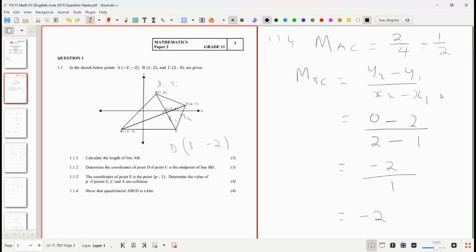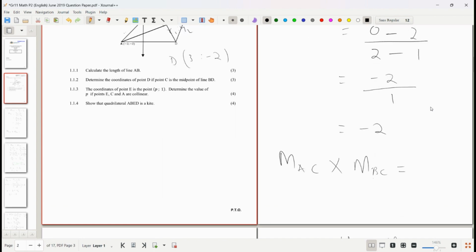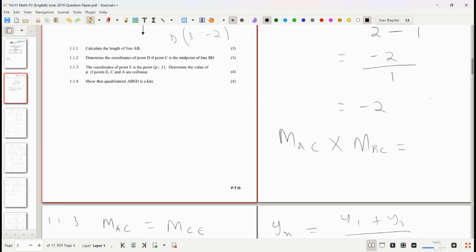So let's check. The AC gradient is half, and the BC gradient is negative 2. So half times negative 2, we get negative 1.